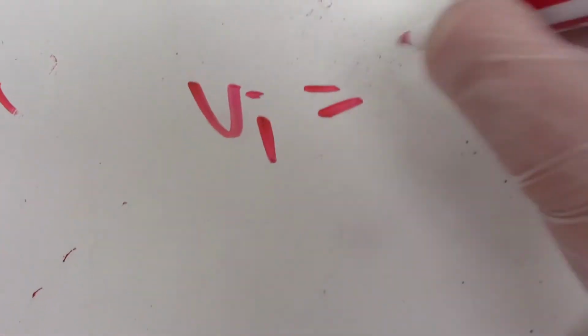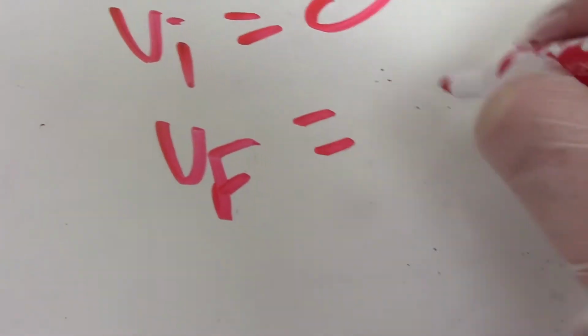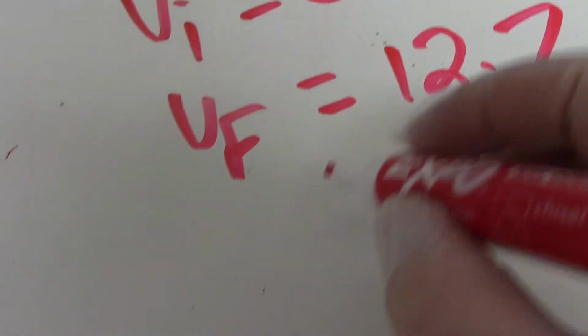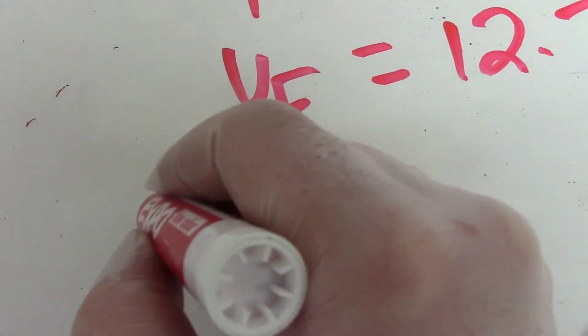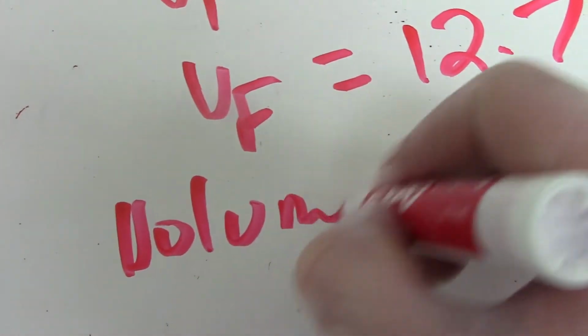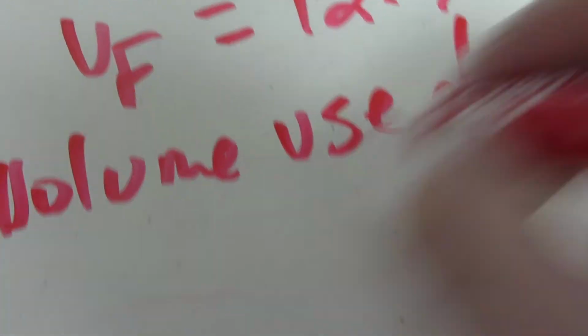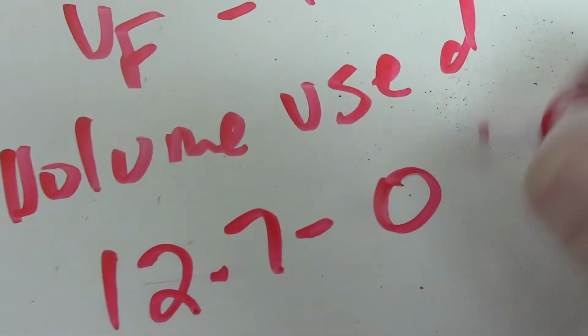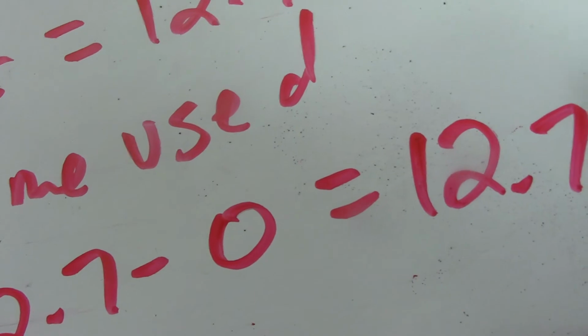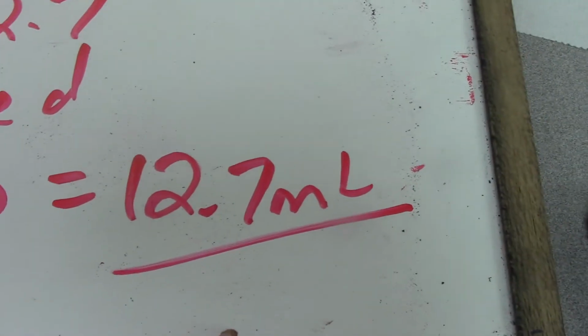So my volume initial is 0, and my volume final was 12.7. To find the volume used, it would be 12.7 minus 0. So I used 12.7 mL, and I know that was the volume used in the titration.